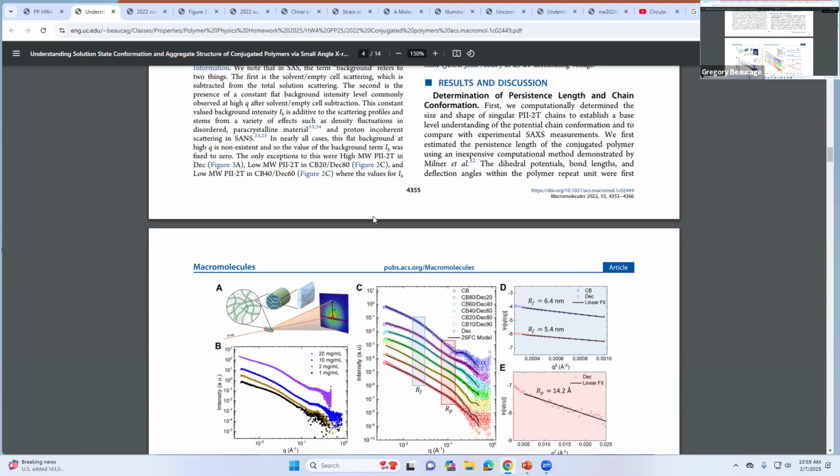That peak would be at 100 angstrom. This peak is at 5 angstrom, so it's more like a molecular stacking peak, like you'd see in liquid crystals, which this is. I don't know why they don't call it a liquid crystal peak, like a smectic peak. That would make more sense.